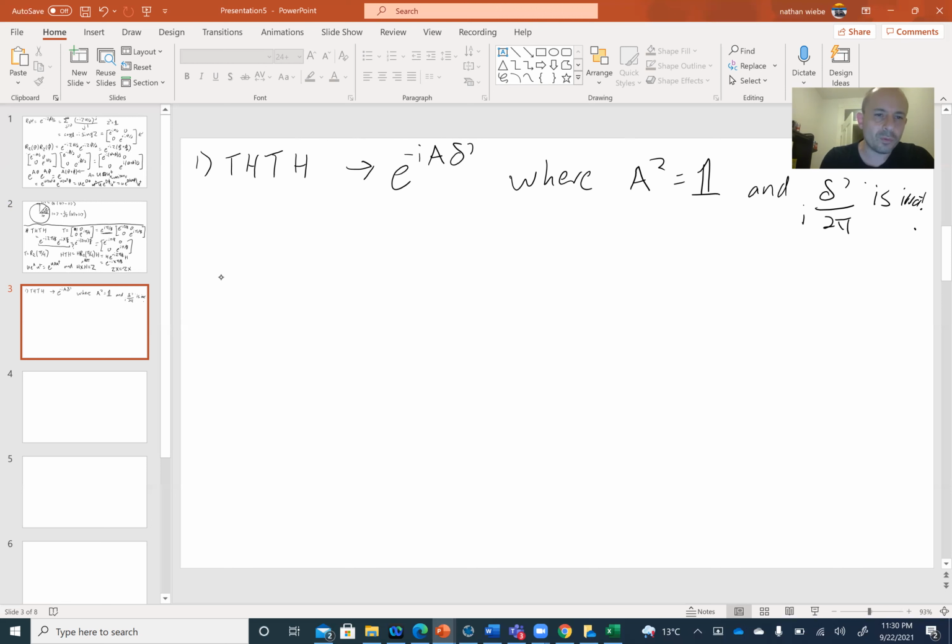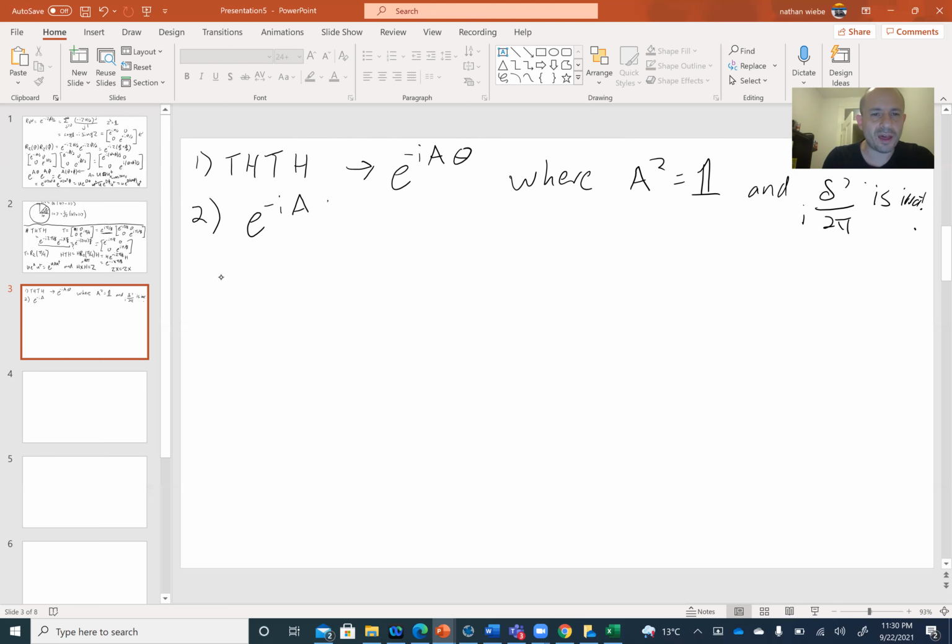Okay, then once we've done that, the next stage is to show that if we end up taking e to the negative I, let's change this notation rather than delta prime. I'm going to call this angle theta.